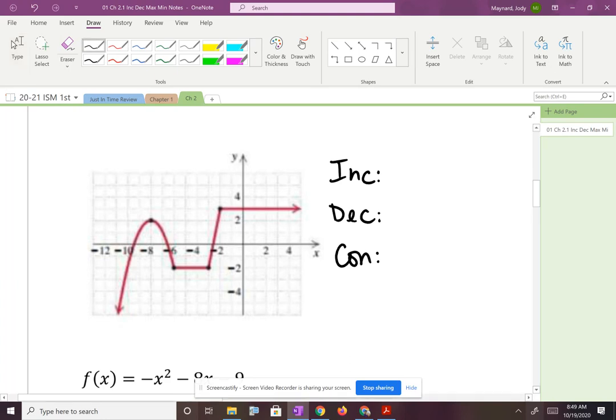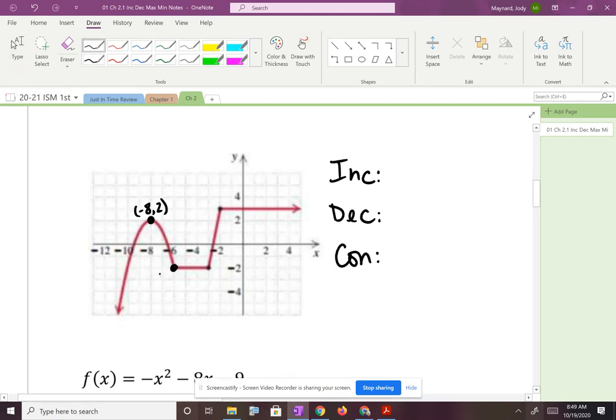So this ordered pair right here, this is x is -8, y is 2. So this is -8, comma 2. All right. Now down here, I'm going to do it at every ordered pair where it changes from increasing to decreasing, decreasing to constant, constant to any of that, right?